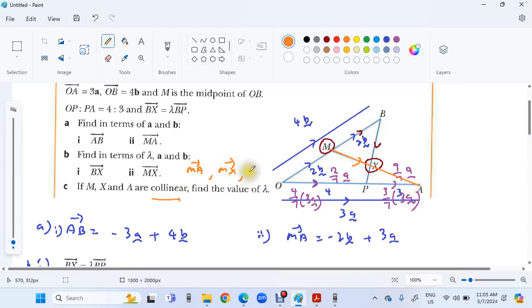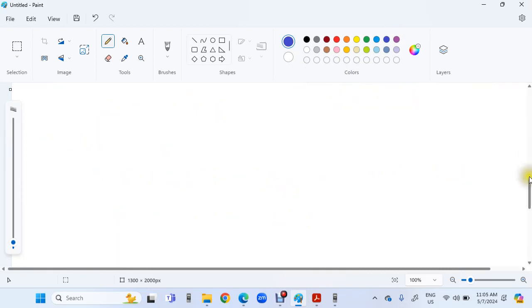Normally, this kind of question is guided. So the previous part, we have the MA and MX. Then we can get the relationship between MA and MX. For part C, MA is K of MX. It's a multiple of AX.